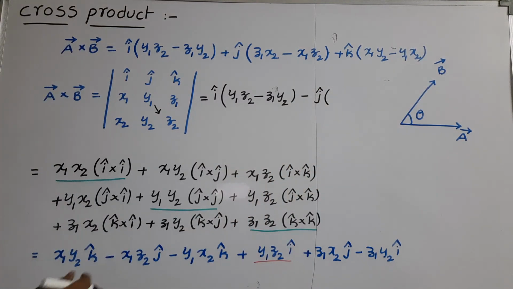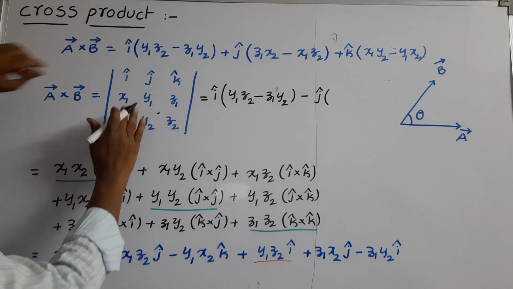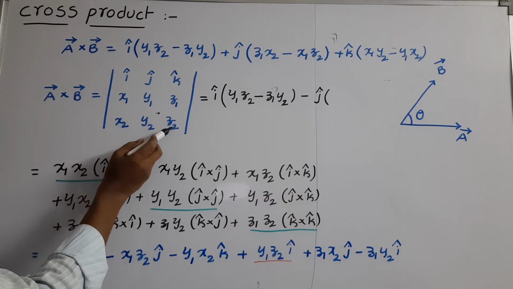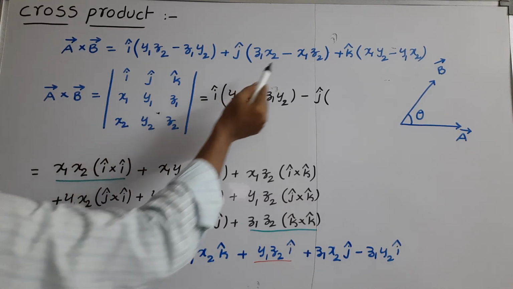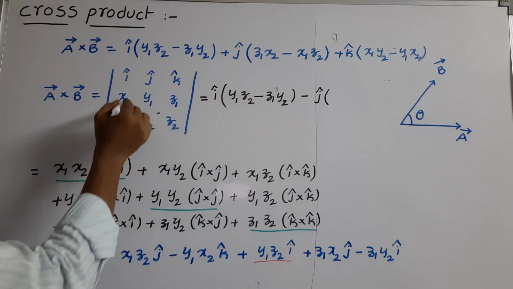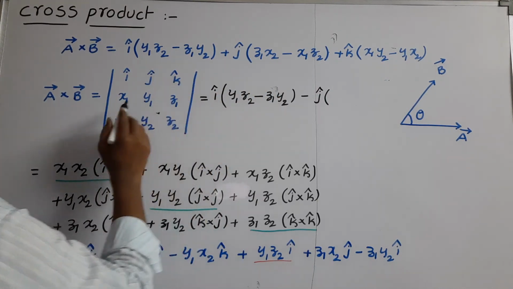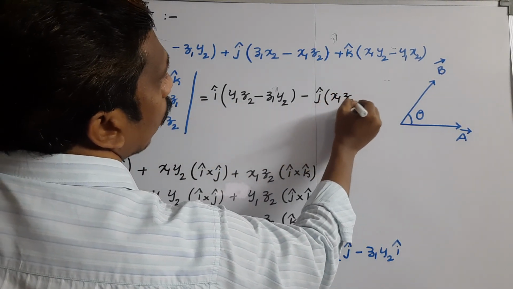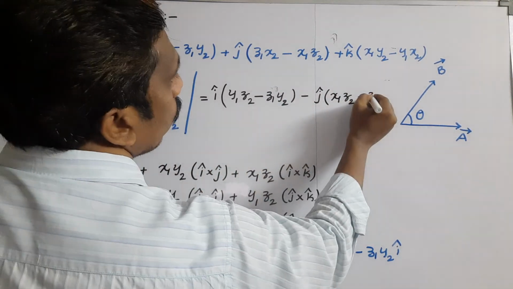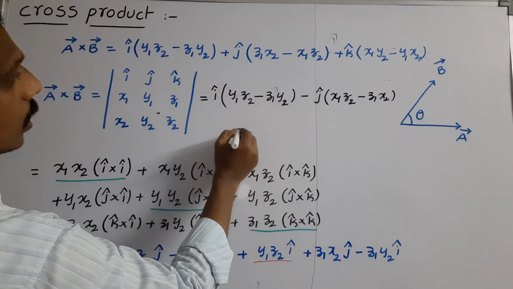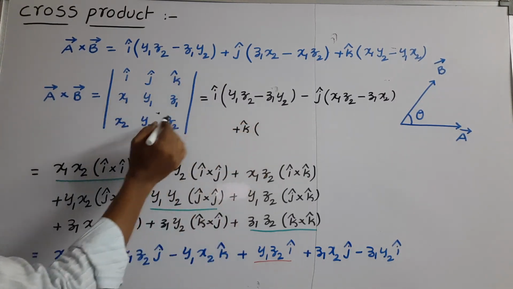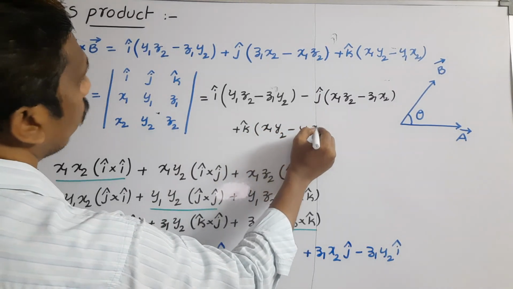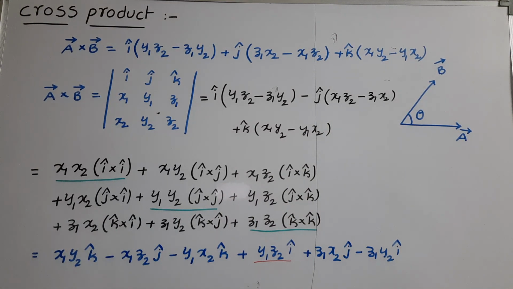Why am I taking minus j cap? After you leave this column and row, you get these elements. We are multiplying x1 z2 first, next z1 x2, so if you take minus common, then you get the same. So in order to get the order, I am writing minus j cap into x1 z2 minus z1 x2, plus k cap into x1 y2 minus y1 x2. In this way we can get it.